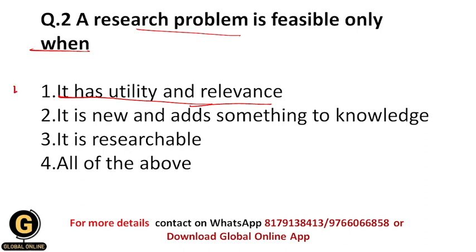So this is the option when we can say that the research problem is feasible. It is new and adds something to knowledge. Yes, the research problem should be new, and it should be original always, and the research problem should add something to our existing knowledge. Okay, and after that only we say that the research problem is feasible.